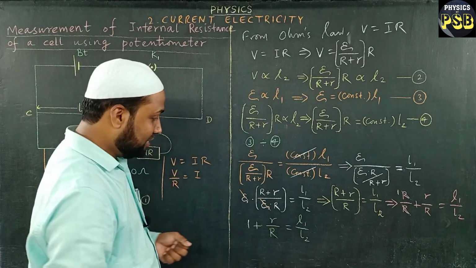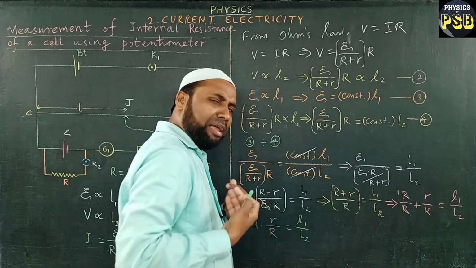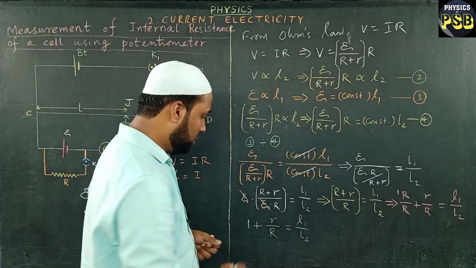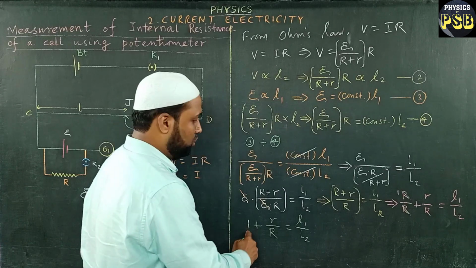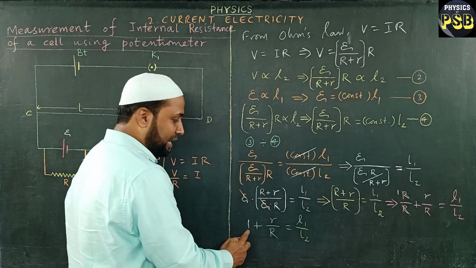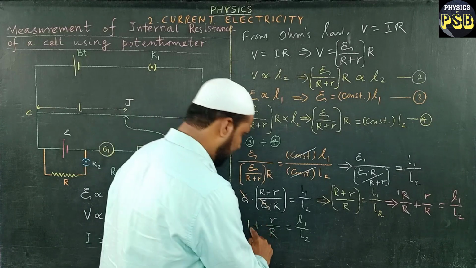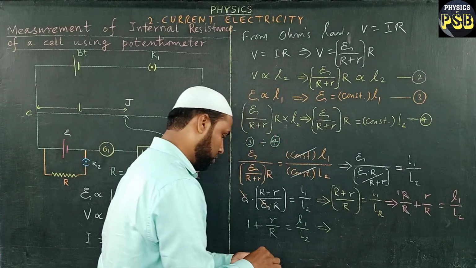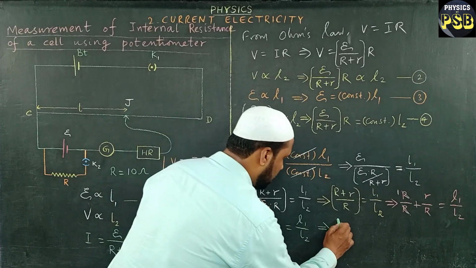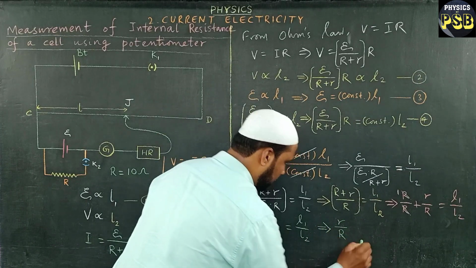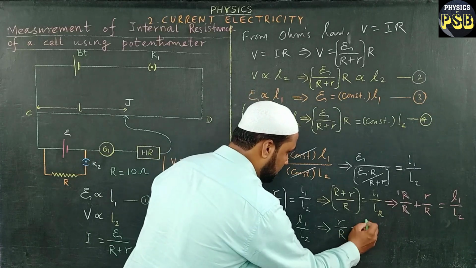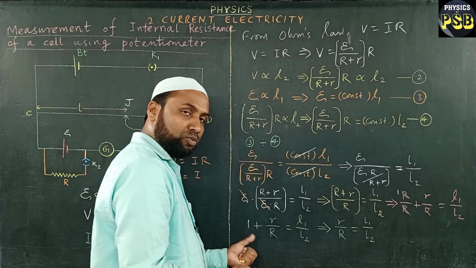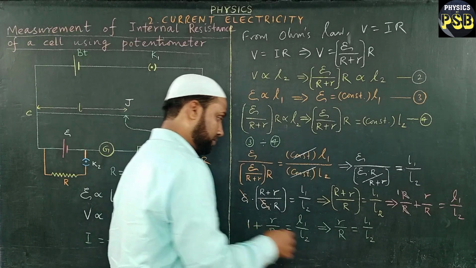This can be written as, now my aim is to get the value of small r, that is nothing but internal resistance. So I take the 1 to that side. Here it is getting added with this term. When it is taken to that side, it will subtract. Now r upon capital R remains here. This side, L1 divided by L2 and plus 1 will become minus 1.